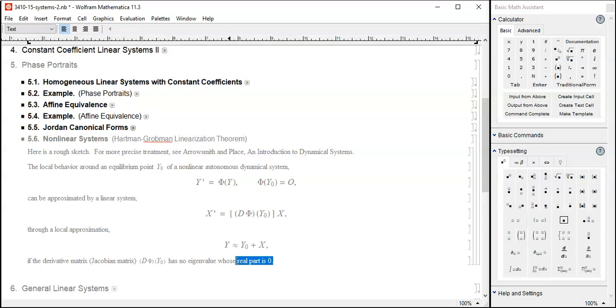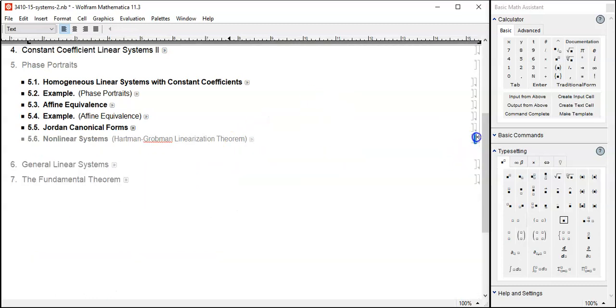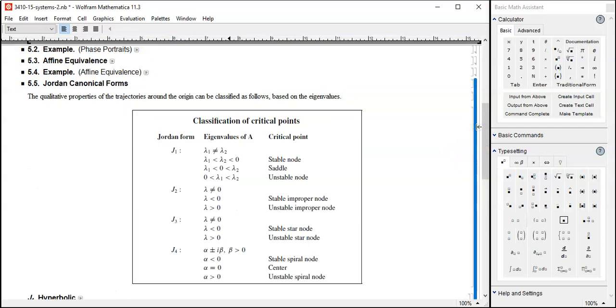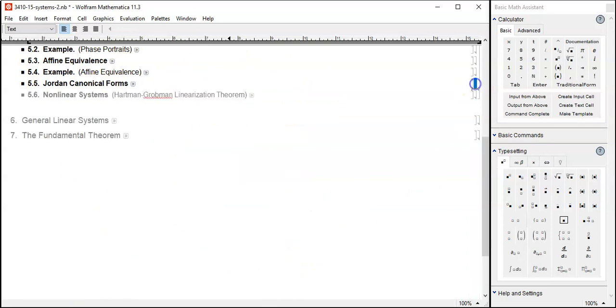But that's getting way too deep here. If nice conditions are met, then we can take the linear approximation. So even for nonlinear systems, in many cases, we can bring all those down, at least qualitatively, using the Jordan canonical form. In short, this is quite useful.